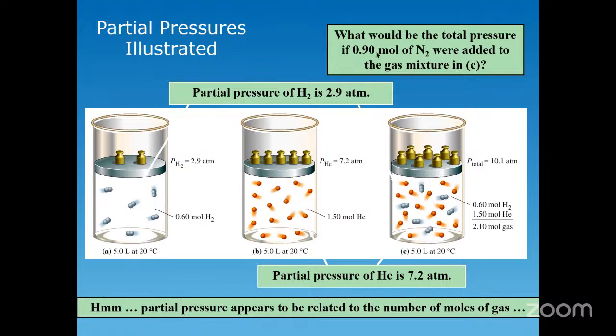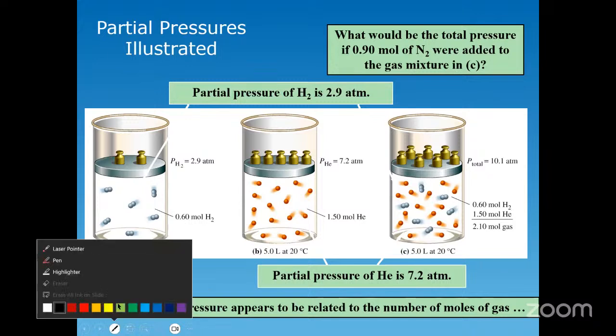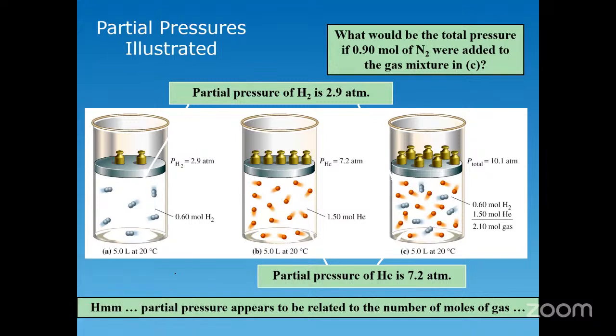What would happen in terms of the total pressure if you add a further 0.9 moles of nitrogen into this mixture? We know that there is a direct relationship between the number of moles and the pressure of the gas. The total number of moles is directly proportional to the total pressure, right?